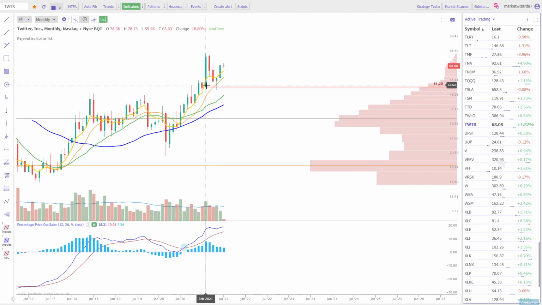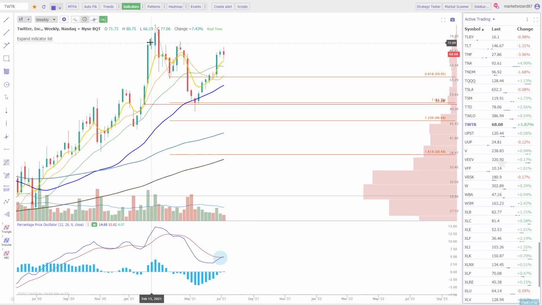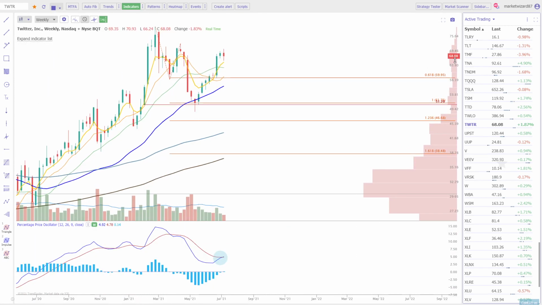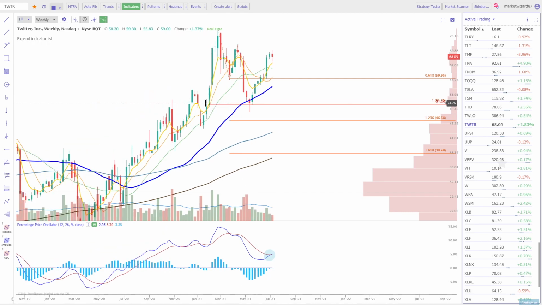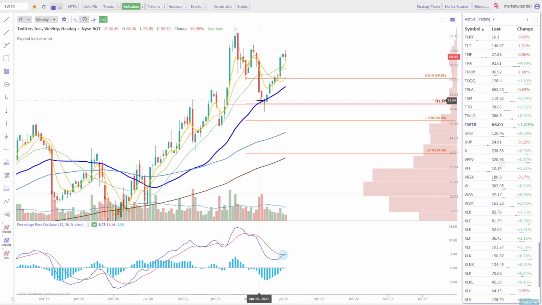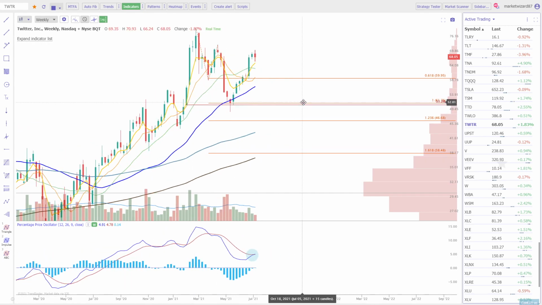So again, a potential demand zone on the monthly chart, a potential ABC zigzag on the weekly chart into a potential demand at SMA, rising SMA 40 after not touching it for 9 months. I've got the breakup candle low, reason to buy. I've got the moving average, reason to buy.